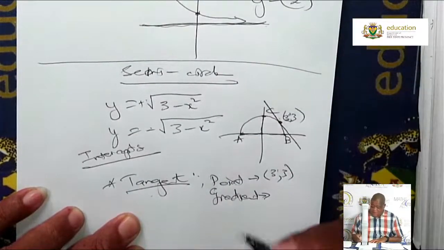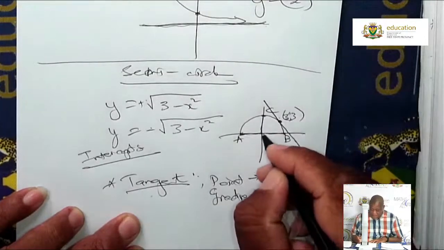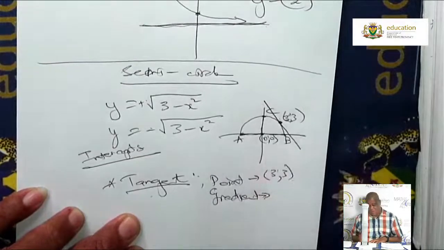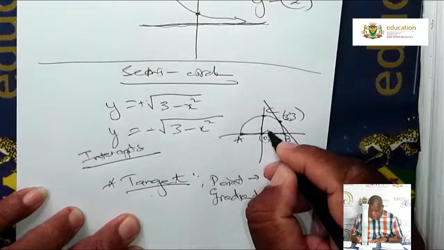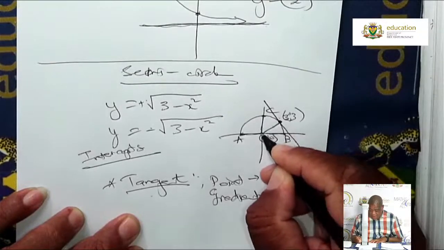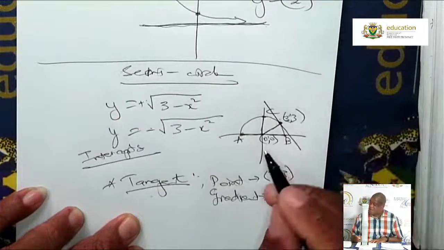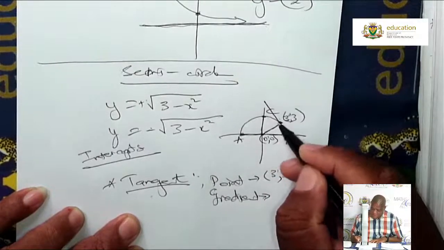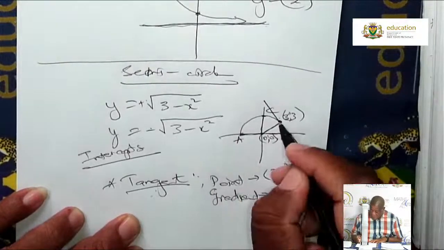So to find that, let us not forget that it's a semicircle. The center there is at the origin, 0 and 0, and that gives us a radius there. That radius is touching our straight line, which is a tangent at that point.